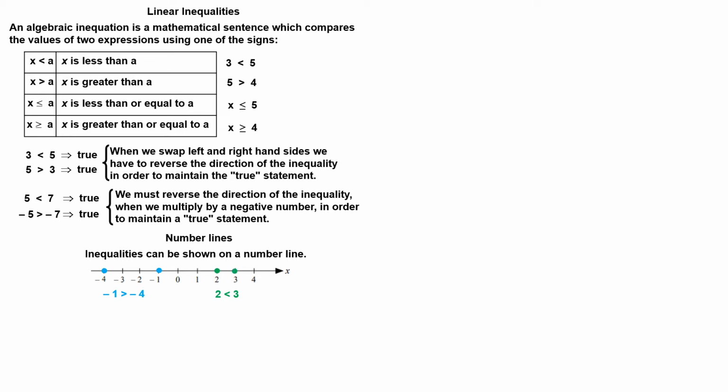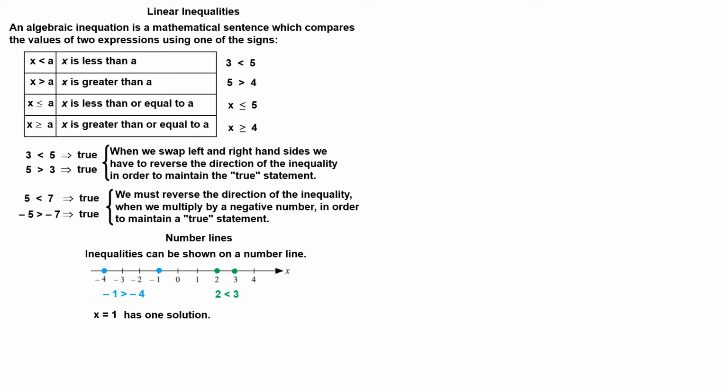A linear equation usually only has one solution, whereas a linear inequation is true for many values of the variable. For example, x equals 1 indicates that the only possible value which satisfies the equation is 1.